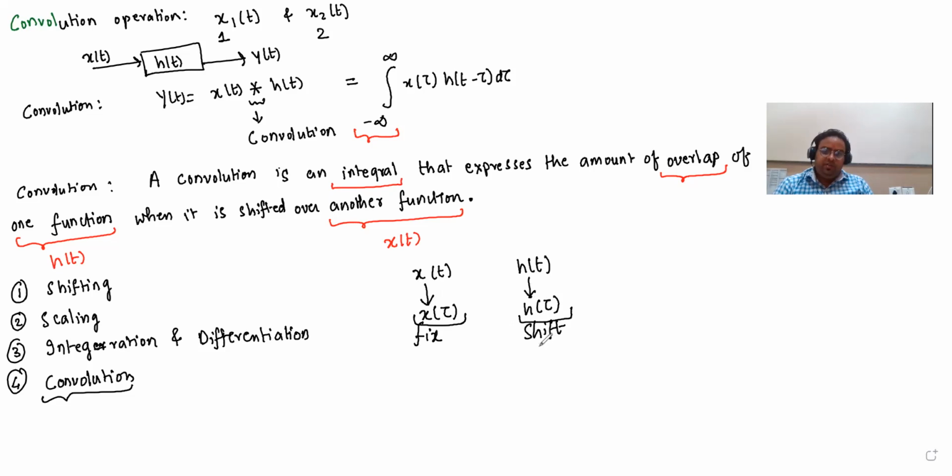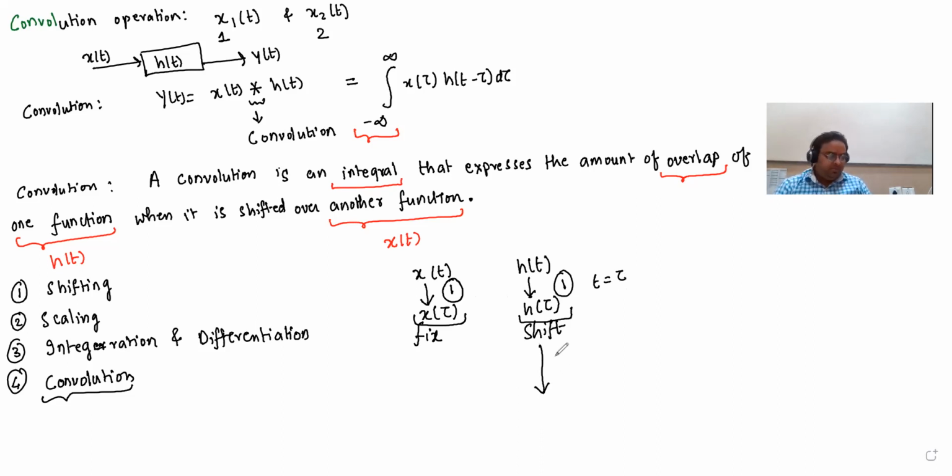So how are we going to shift this particular signal? Let us say this is the first operation, that is basically replacing the independent variable time with a dummy variable, that is tau. The first operation was that we made t equal to tau.